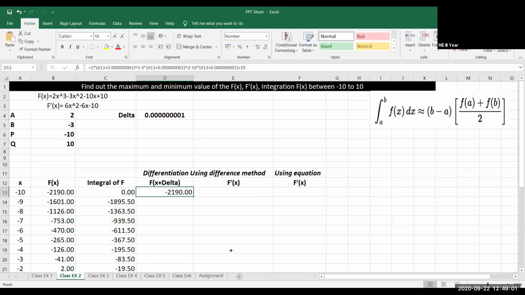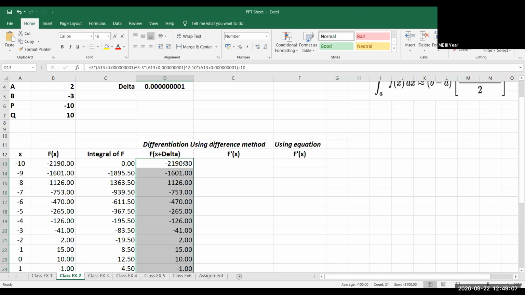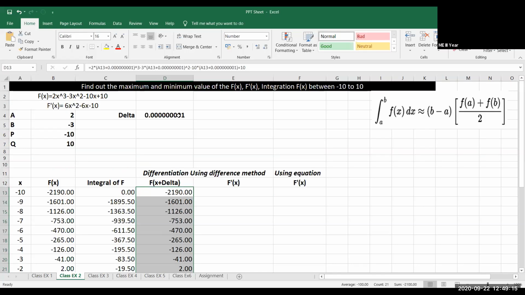Yes. Now one can say, sir, we are getting the same result. What fx value is there? The same result we are getting. So now you can think of a very small value, so there will be no significant change here. But if any other delta value is there, you will get some change in the value. No issue. But here, according to this problem, the delta value is very small.